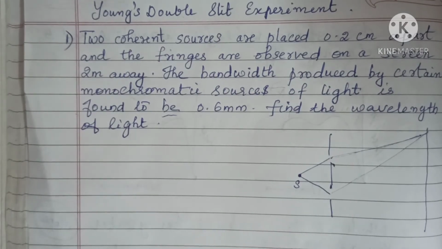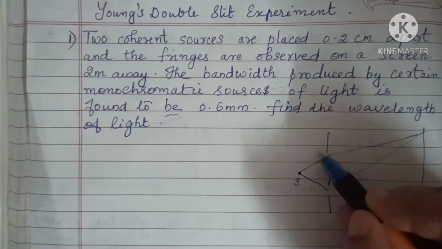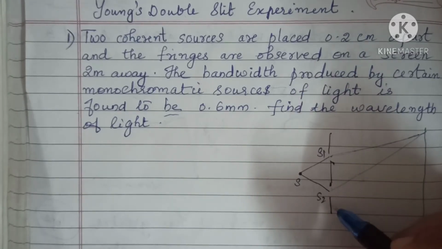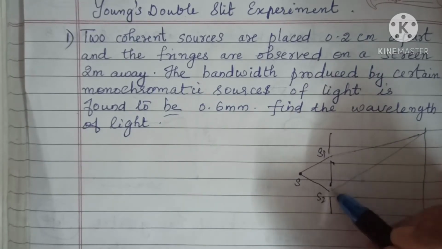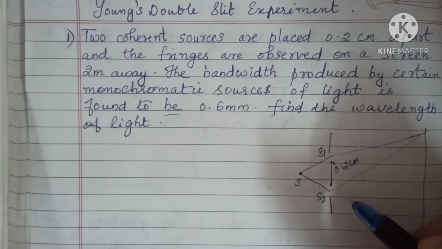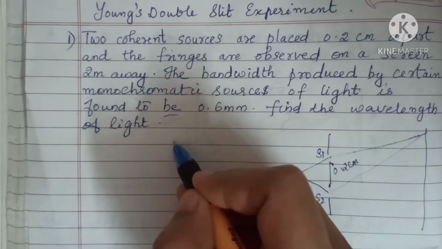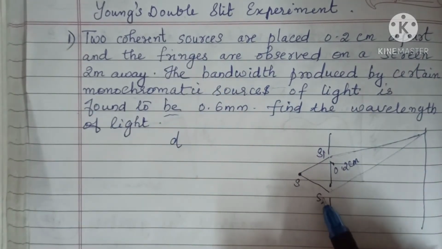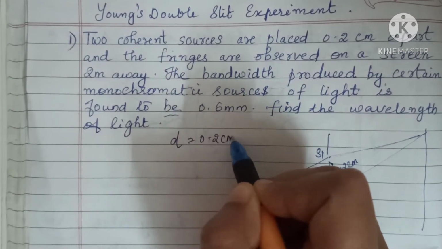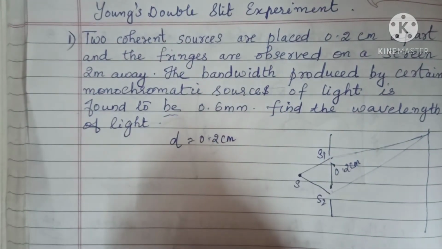So, here it is said that these two coherent sources, suppose S1 and S2, are separated or placed 0.2 centimeter apart. That means our small d, which is the distance between two slits, is equal to what? 0.2 centimeter. You can convert it into meters.